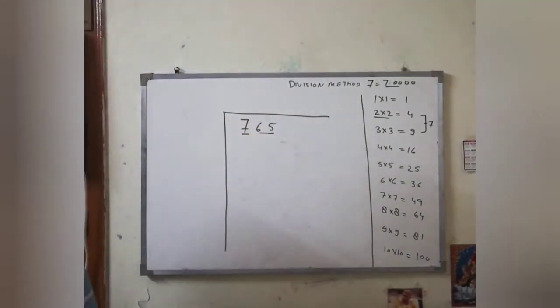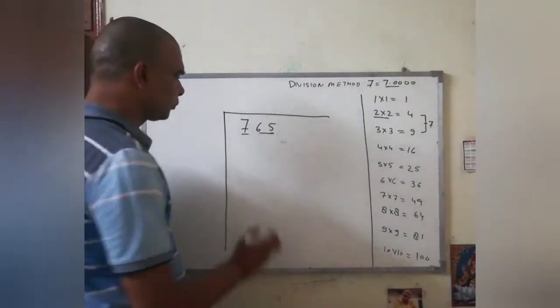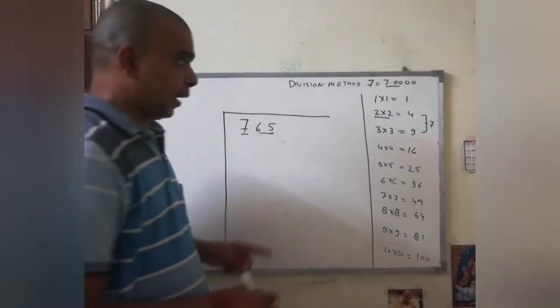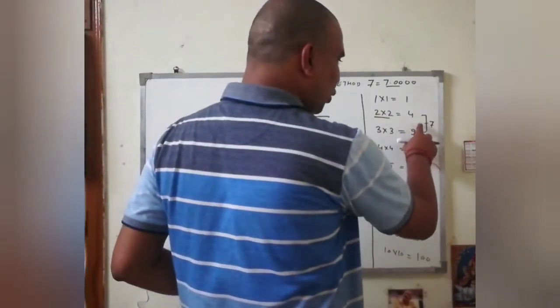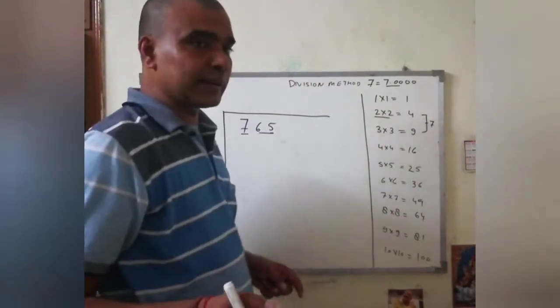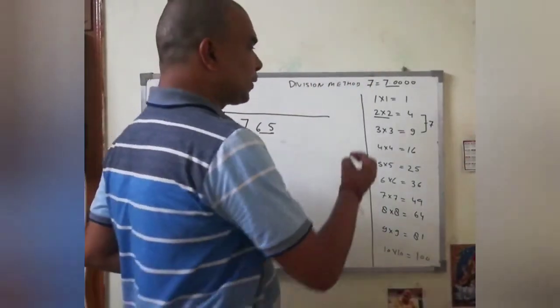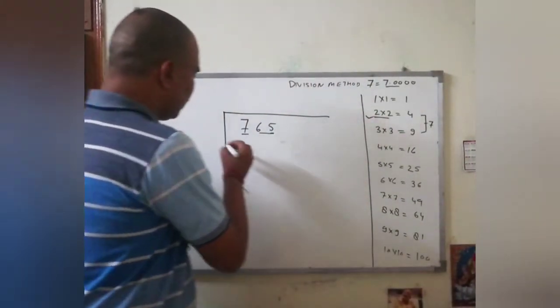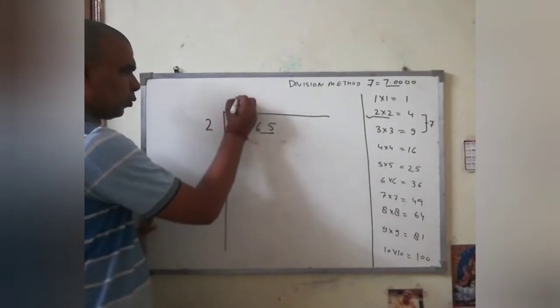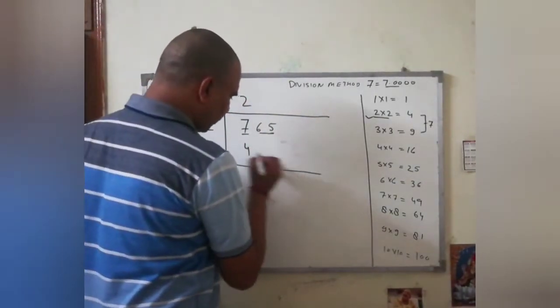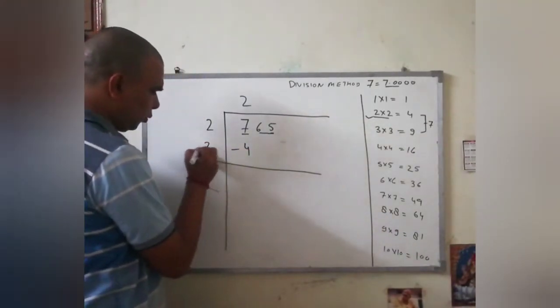7. Okay. So as you know, it is repeating. 7 comes between 4 and 9. It is greater than 4 and less than 9. So we will be selecting this pair, we will put 2 here and 2 here. 4, minus.